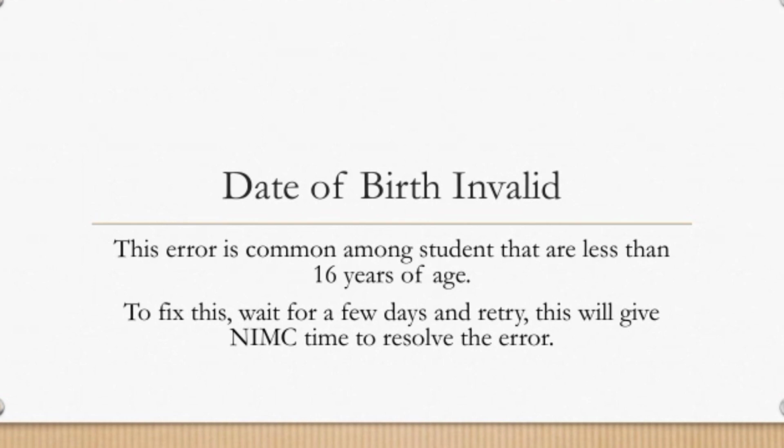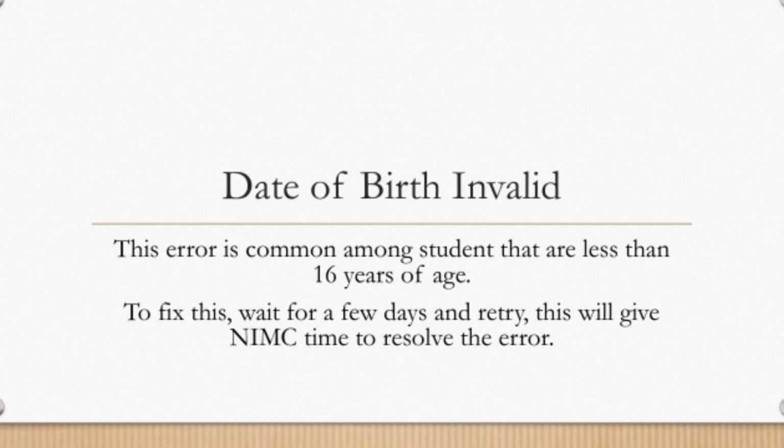The next one is date of birth invalid. This error usually pops out if the student is less than 16 years of age. You know you can get an NIN at 15, but the main rule of JAMB is that you must be 16 years or above before taking JAMB.